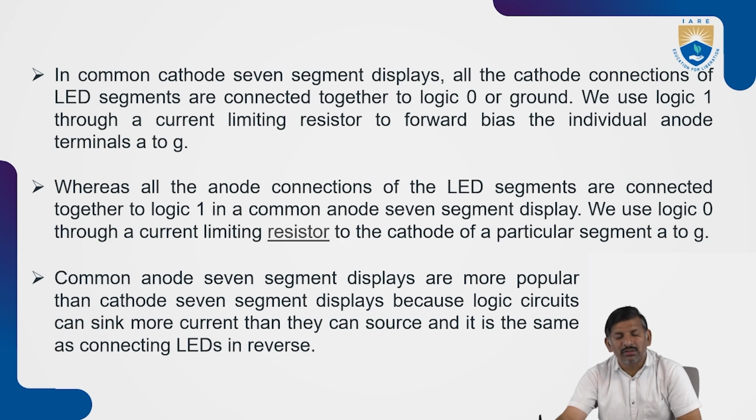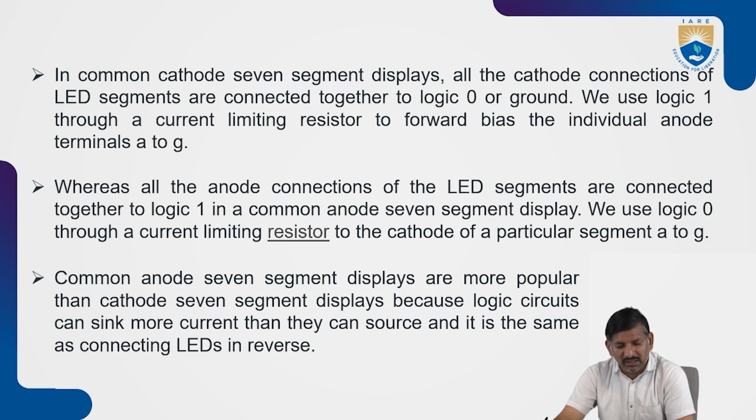In a common cathode 7 segment display, all the cathode connections of the LED segments are connected together to logic 0 or ground, whereas logic 1 is applied through a current limiting resistor to forward bias the individual terminals A to G.